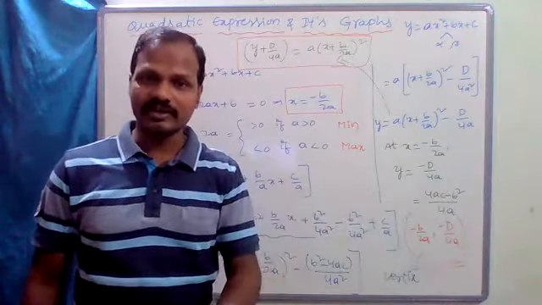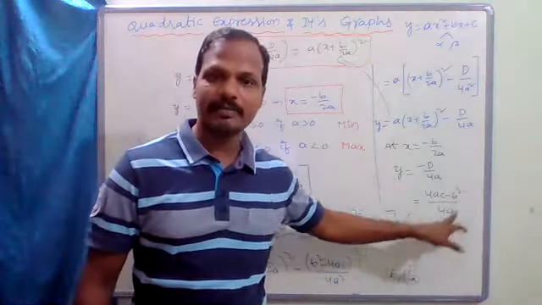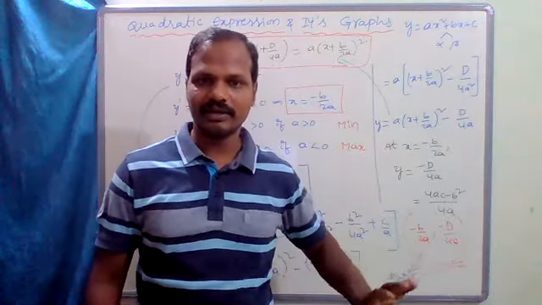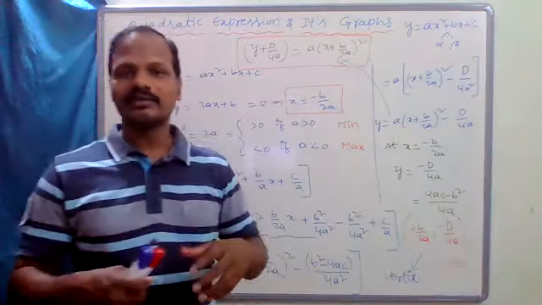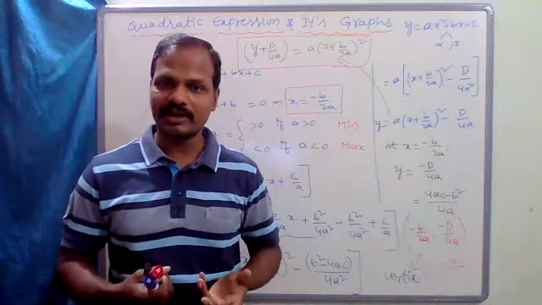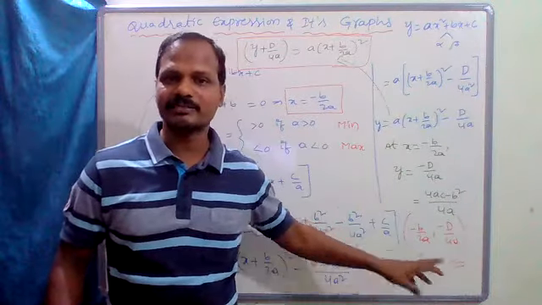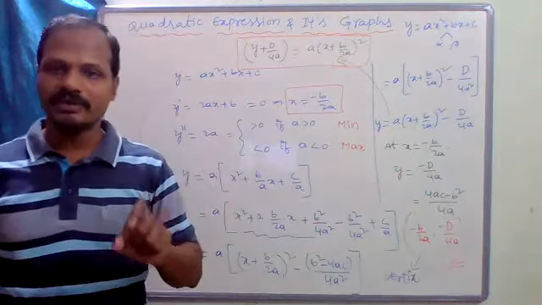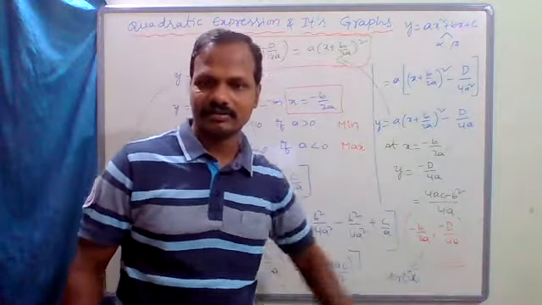What that minimum or maximum value is, you have to calculate minus d by 4a. So at what point the given quadratic expression has maximum or minimum value, you have to calculate this point, minus b by 2a, minus d by 4a. So this is the most important. Clear?